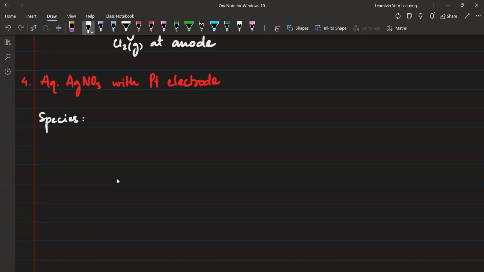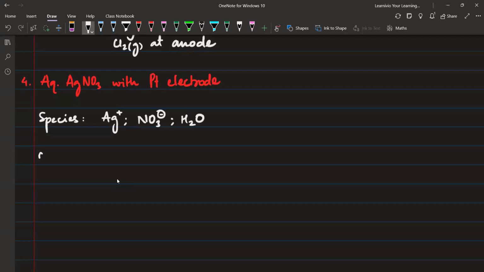What are the species here? We'll have Ag positive, NO3 negative, and water.